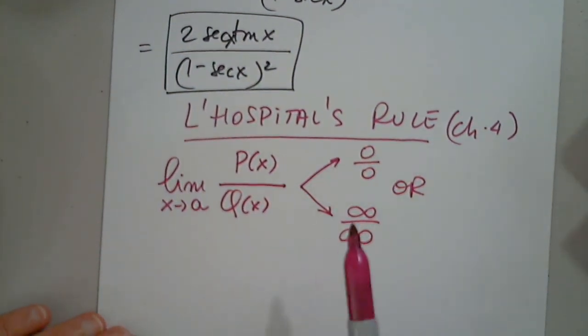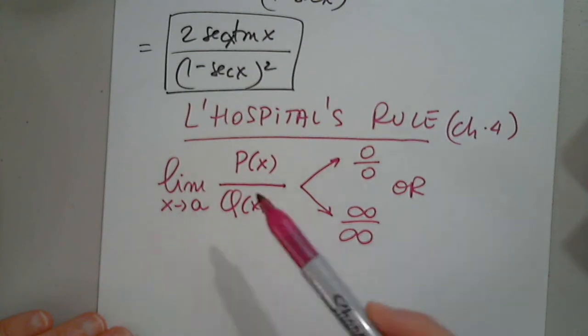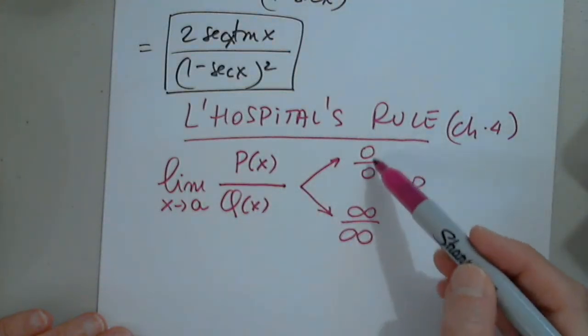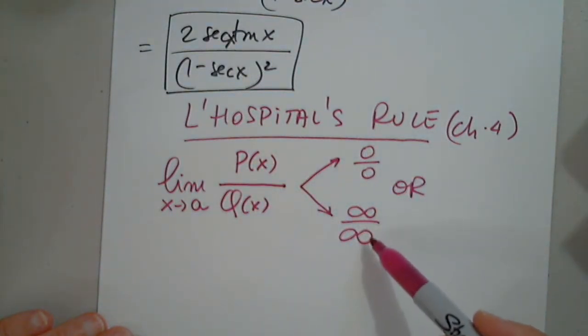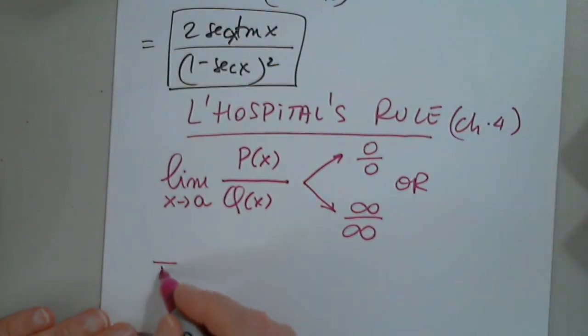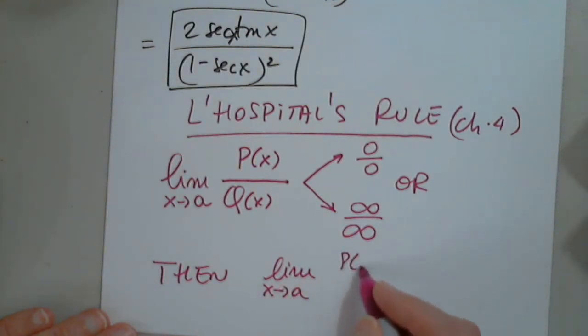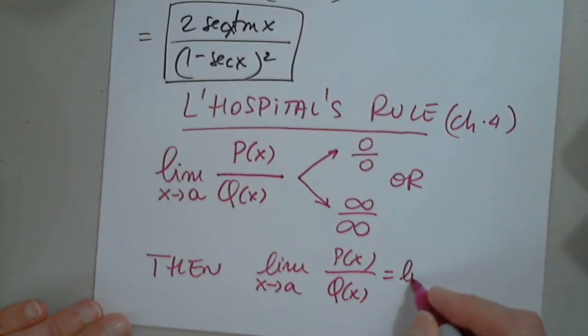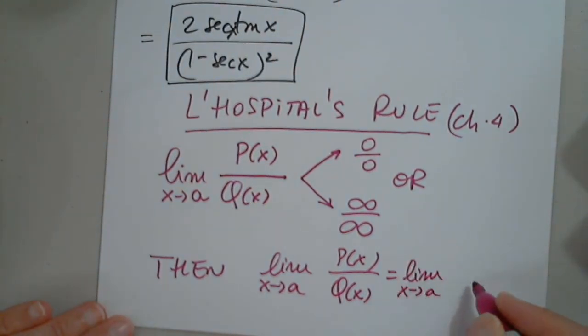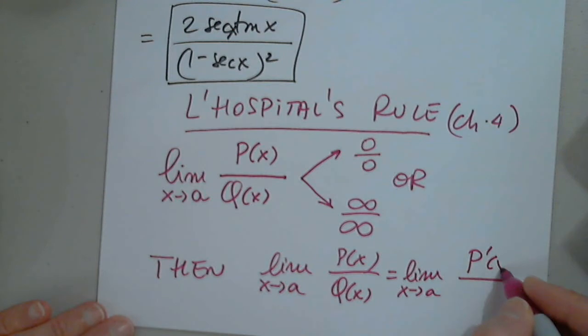So a lot of things have to happen: limit, ratio, 0 over 0 or infinity over infinity. Then the limit as x approaches a of p of x over q of x can be determined as the limit as x approaches a of p prime over q prime.